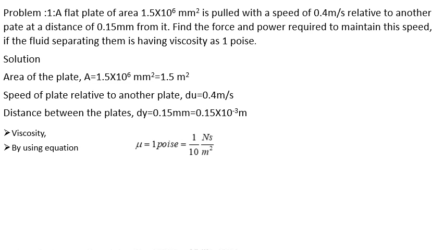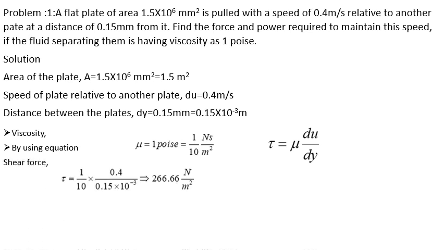Then, by using the equation, we know that the shear stress is equal to mu into the rate of shear strain, that is du by dy. In this equation, we know the value of mu, du as well as dy, so we can find the value of shear stress.